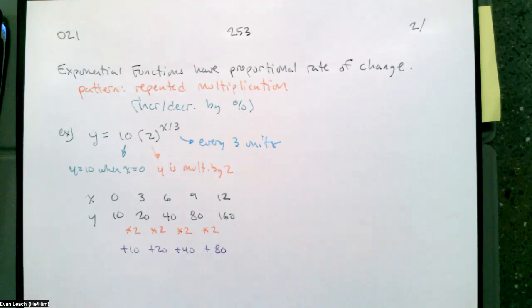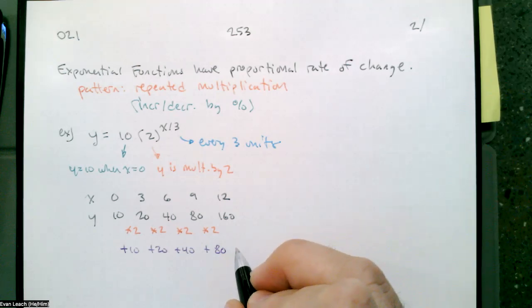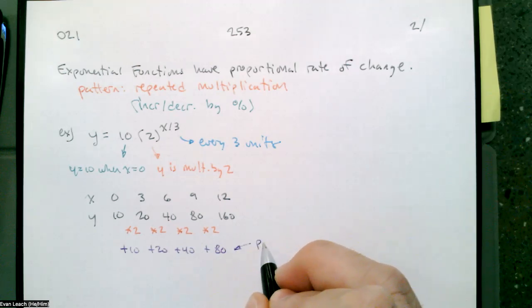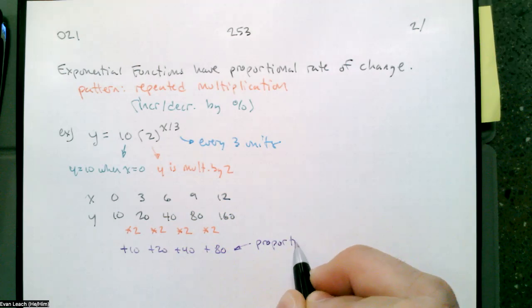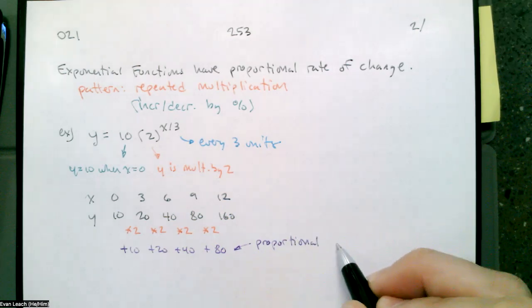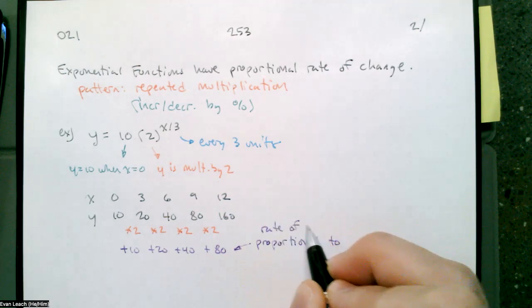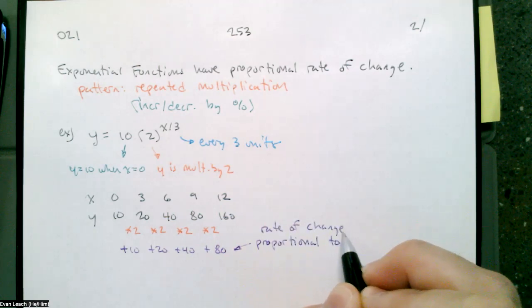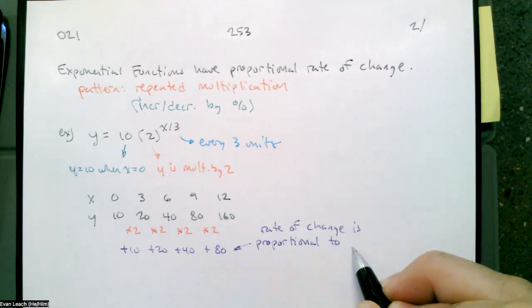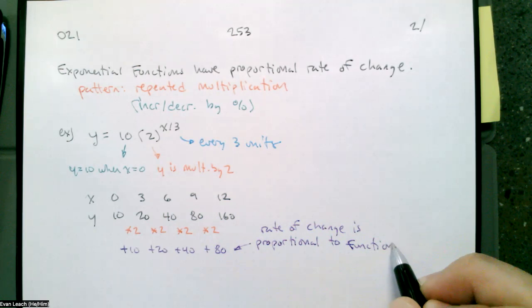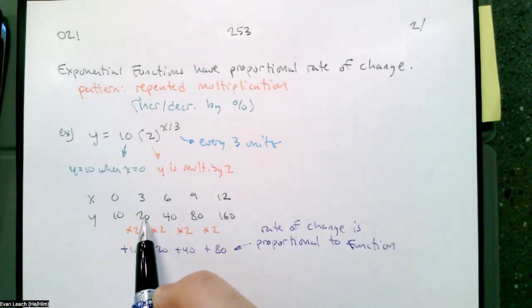So the rate of change is proportional to the function. When the function was twice as big, the rate of change was twice as much.